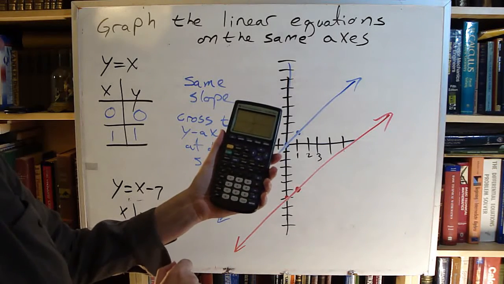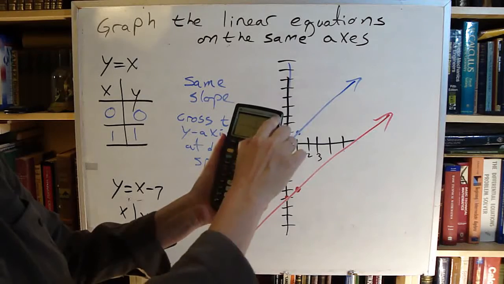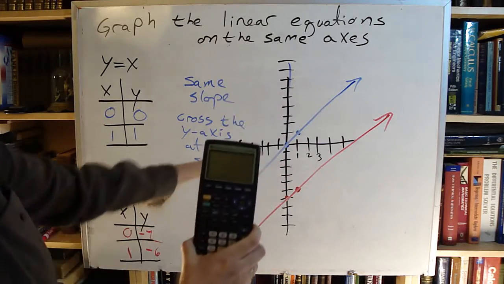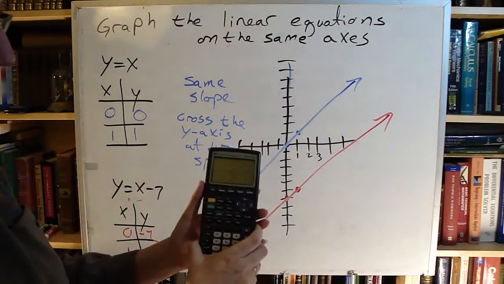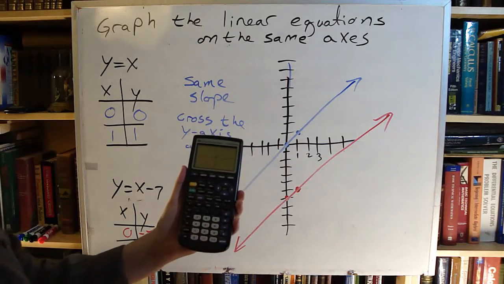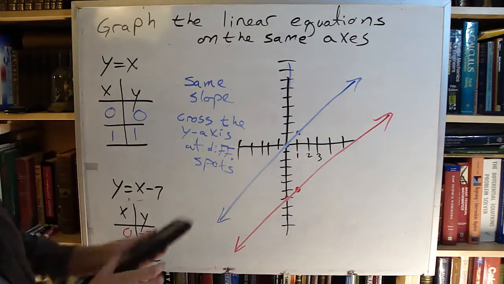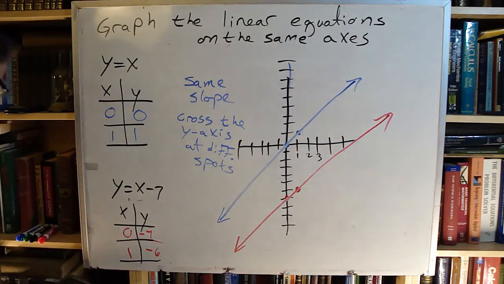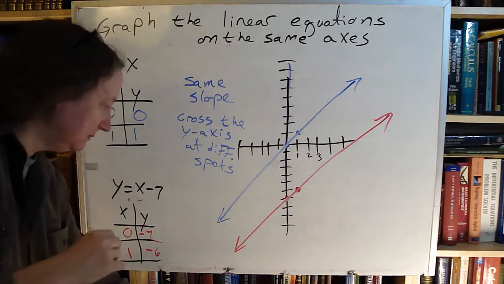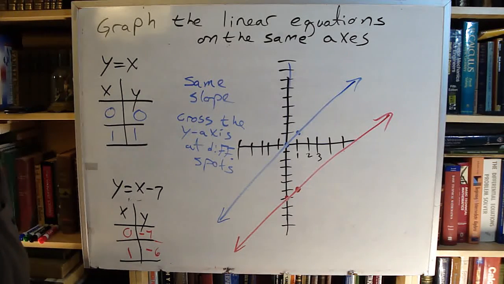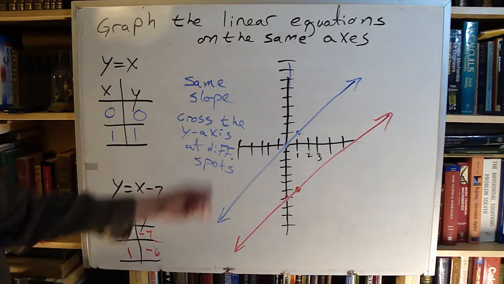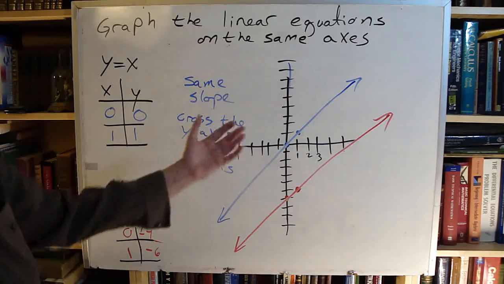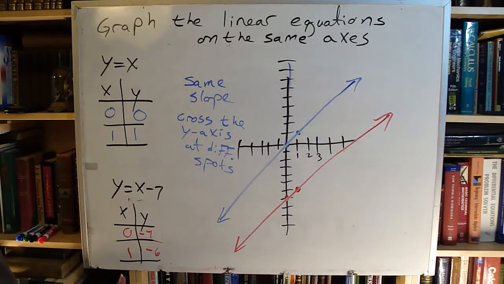It's graphing it for me, and it has the two lines that look very much like what I have there. So we have the same thing on the calculator as we have on the board. Everything is good.